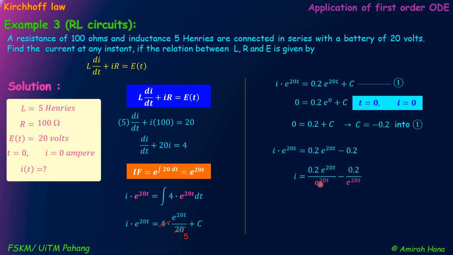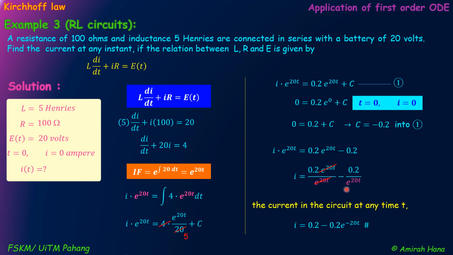Okay, and then from here, we can simplify e to the power of 20t from the numerator and denominator. Okay, so the current in the circuit at any time t is given by I equals 0.2 minus 0.2.